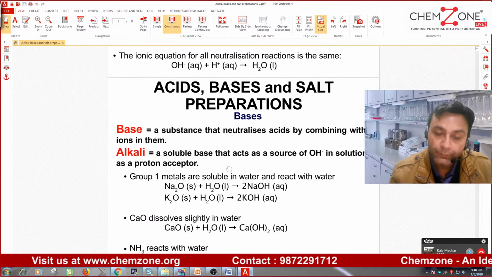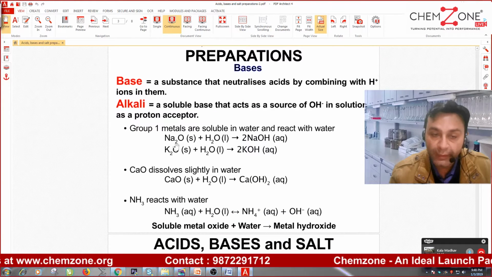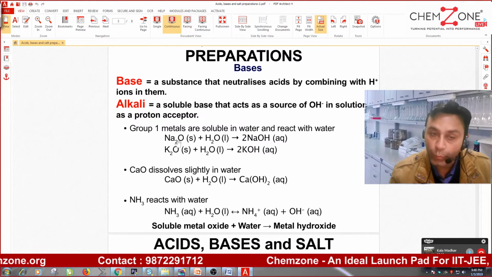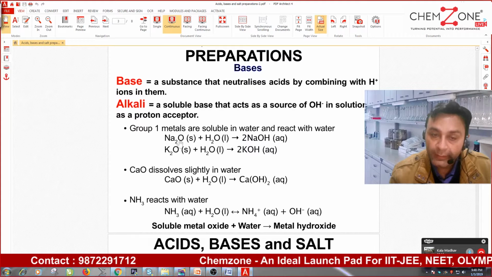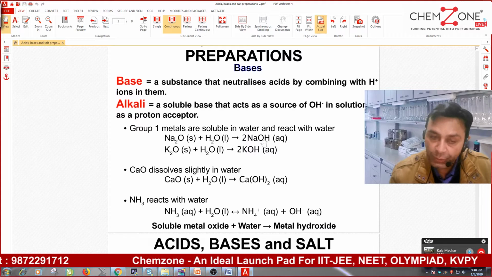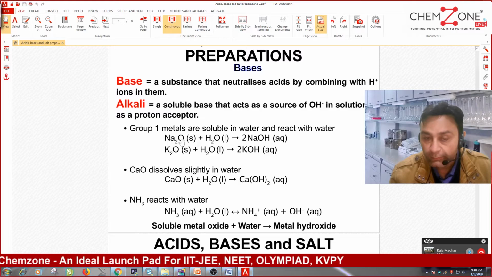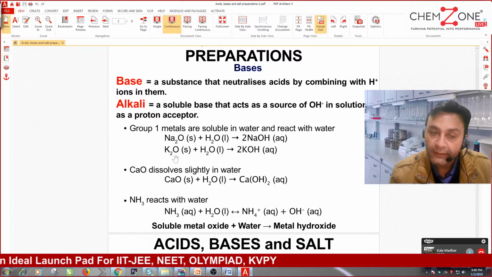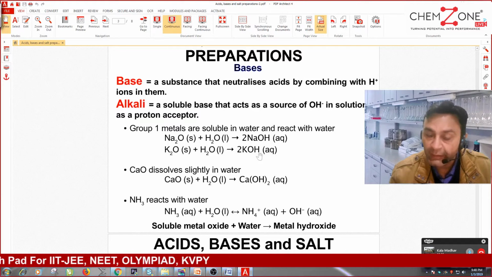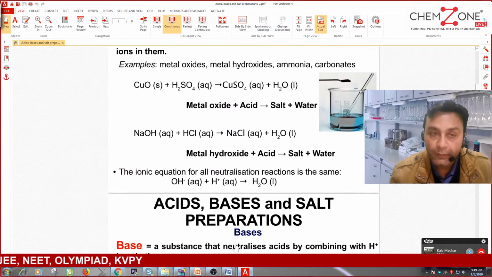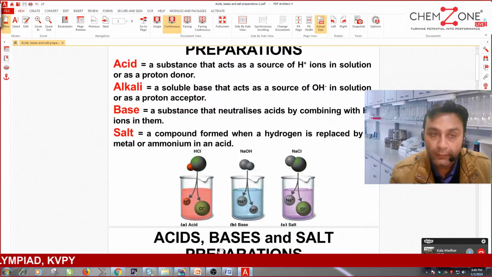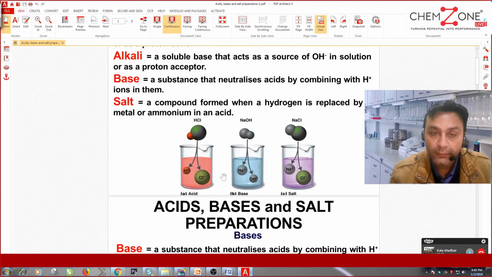What is Na2O? In water it will give NaOH, so it will be an alkali. But Na2O itself is a base. K2O is also a base, but in water it is alkaline.